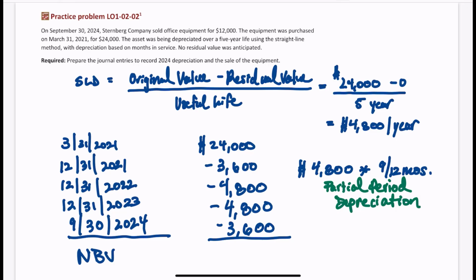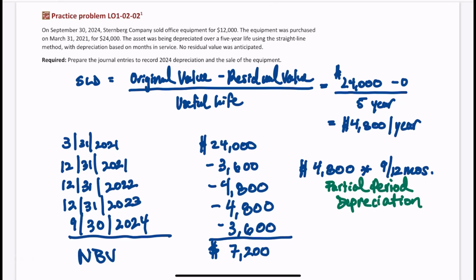So this asset had a net book value of $7,200 at the time of the sale. All right, that is our net book value, $7,200. So our net book value at the time of the sale is $7,200.